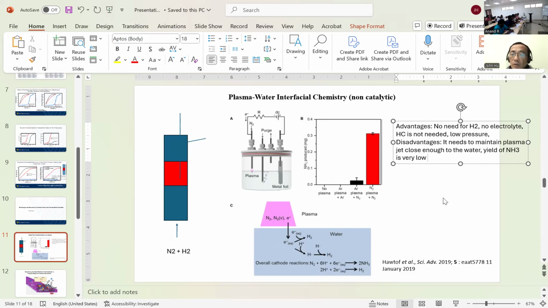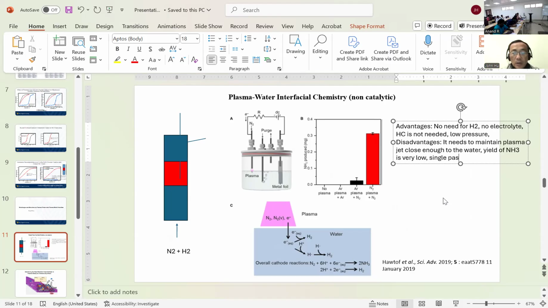If conversion is very low, you need a lot of recycle. The nitrogen coming out you have to recycle back, otherwise you waste it. Where does nitrogen come from? Nitrogen is very expensive. It comes from cryogenic separation. So this one has a lot of disadvantages in nitrogen utilization. Yes, single pass conversion is low.